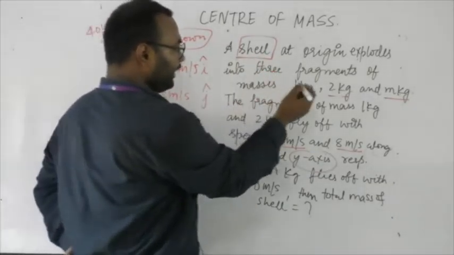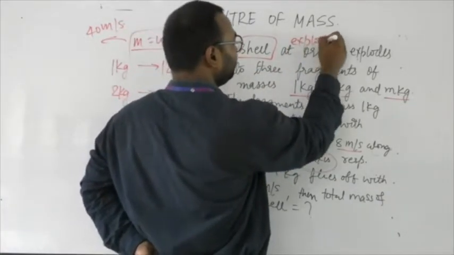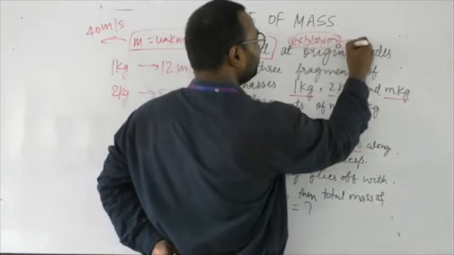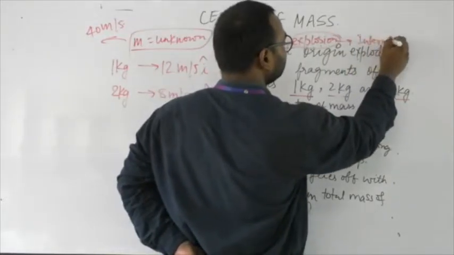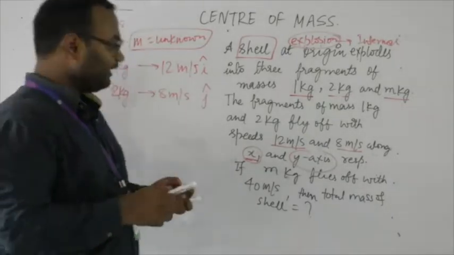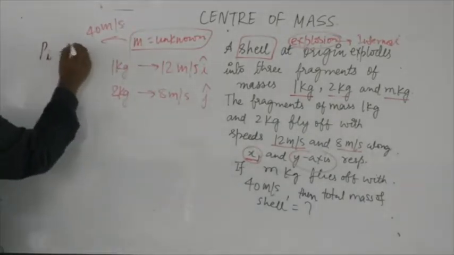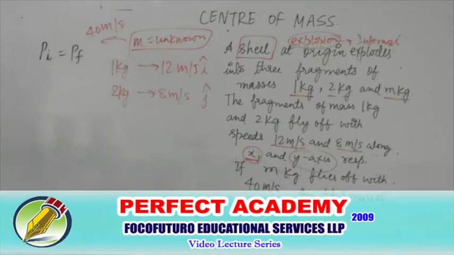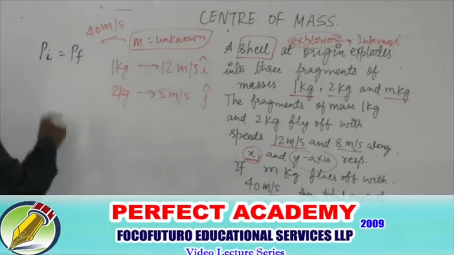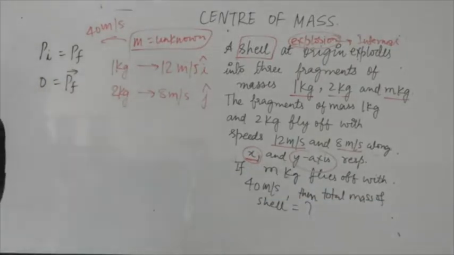It broke into three fragments, so the explosion is there. Since the explosion is because of internal forces, the external force is 0. When external force is 0, you can say that P initial equals P final. P initial was 0, so P final has to be 0.